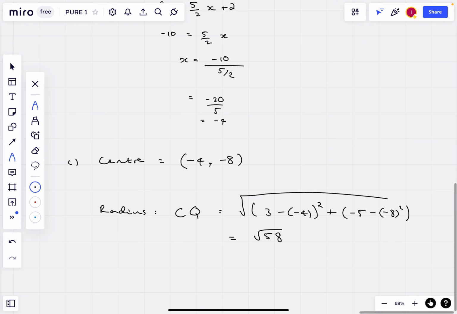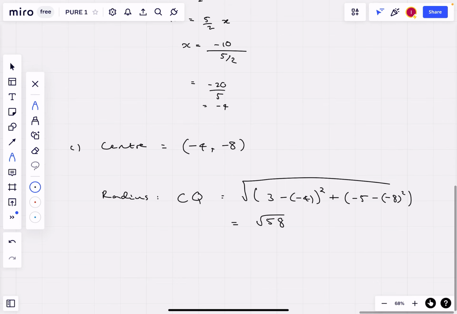But in our equation, we want r squared. So the center is (minus 4, minus 8). So that means (x plus 4) squared plus (y plus 8) squared equals root 58 squared. Root 58 squared is just 58. There you go. That's the equation of the circle. And that's how you do tangents and chords.